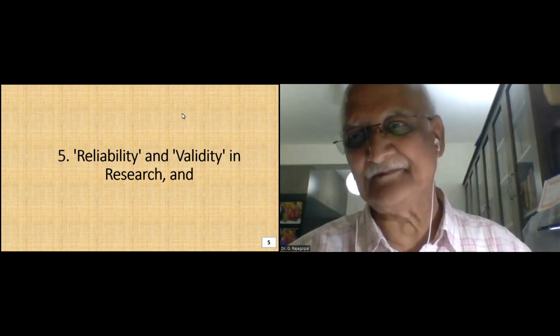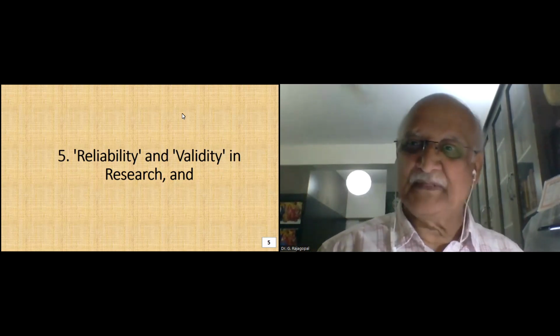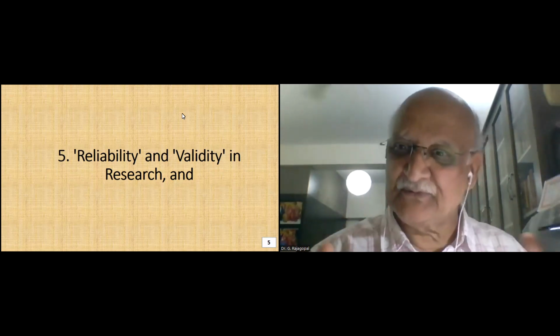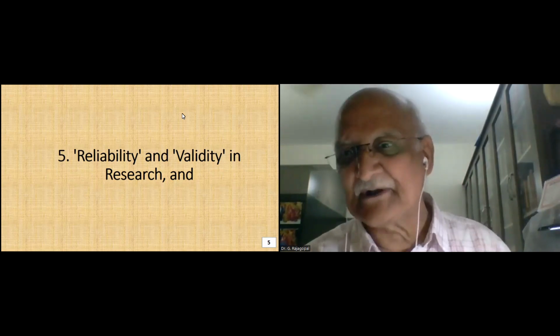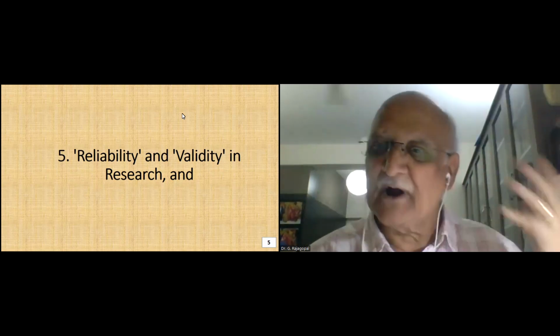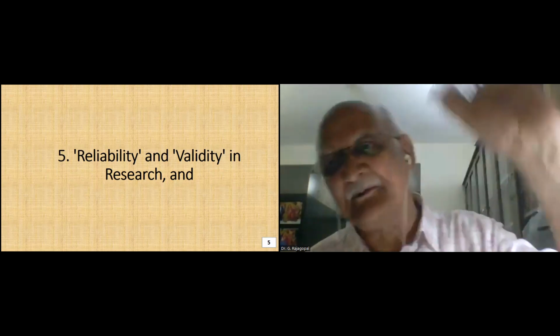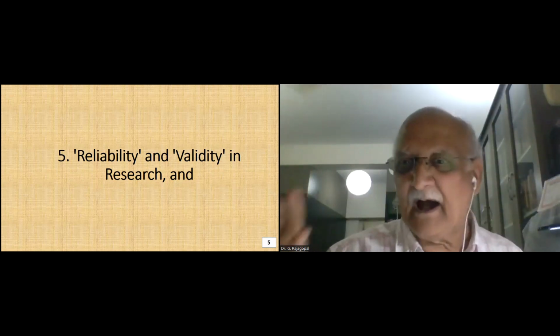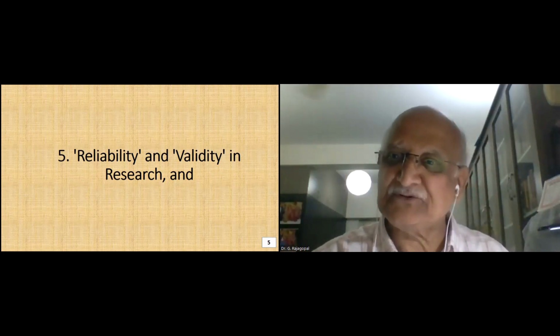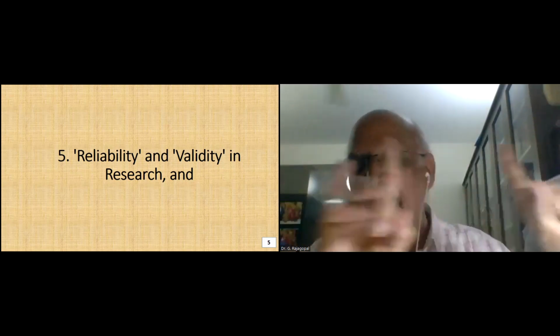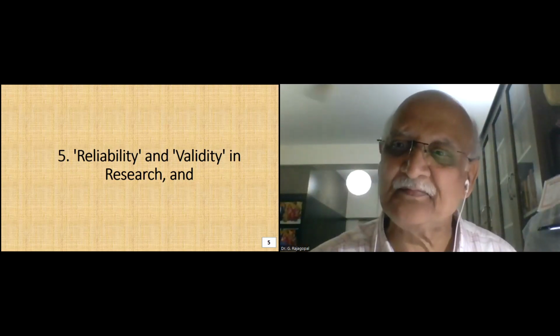And that is reliable. Whether Skinner tried it out 60 years ago, 100 years ago, if I repeat the same experiment, I should get the same result, which means that is a factor called reliability.